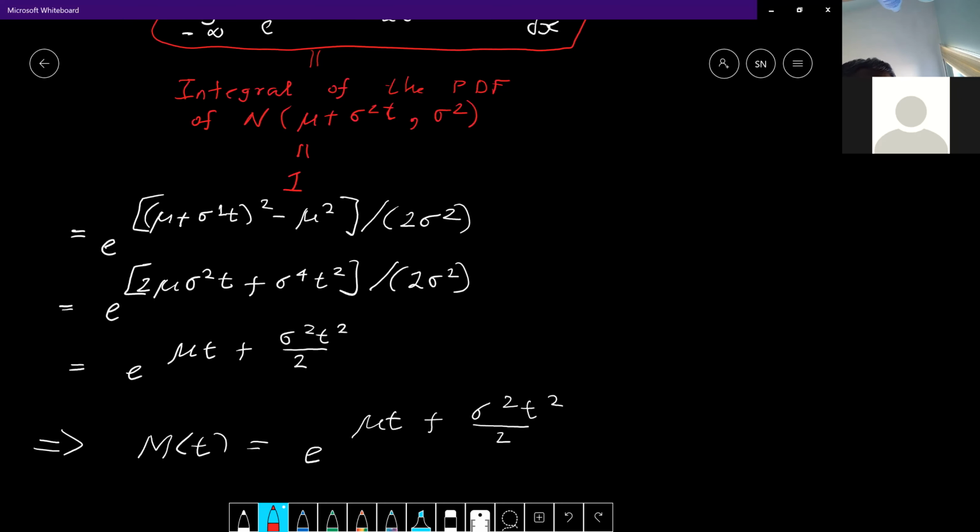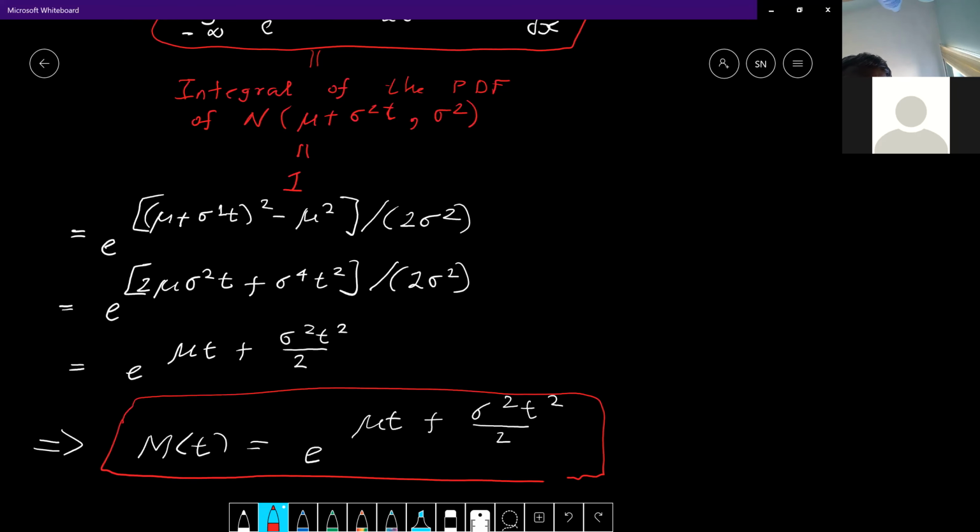Let me put this in a box. We have shown that the MGF of a normal variable is given by this expression. Any questions, guys, or no?